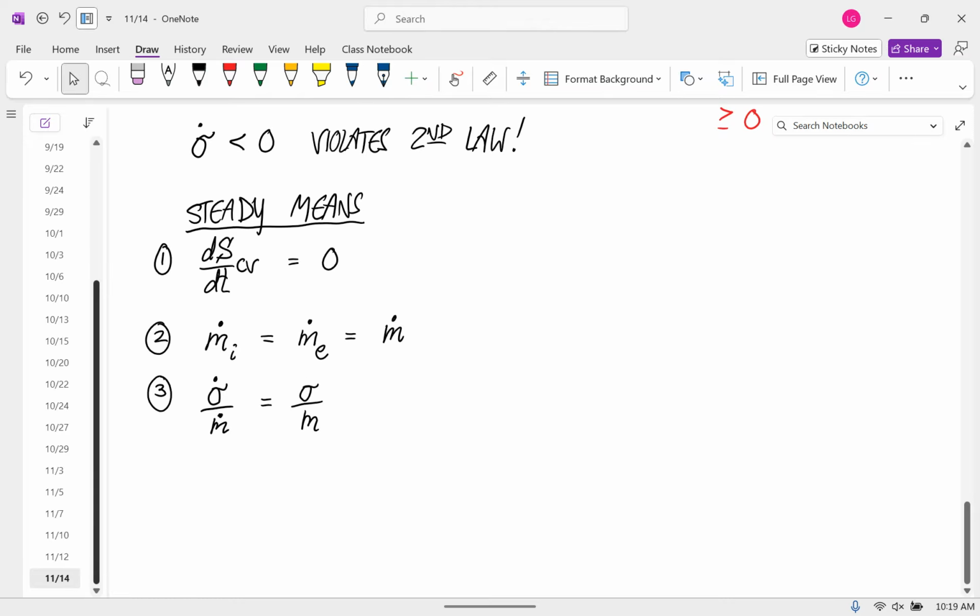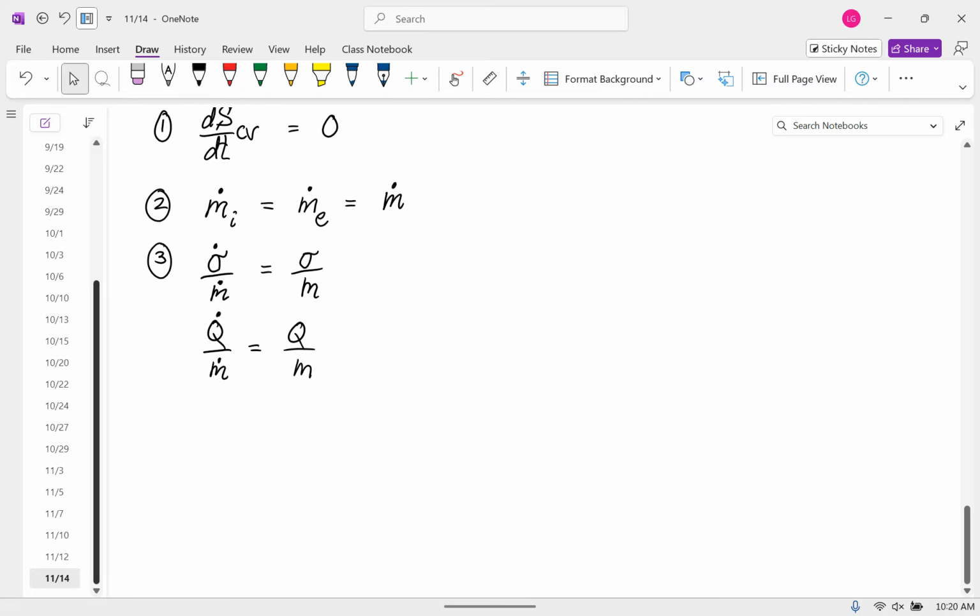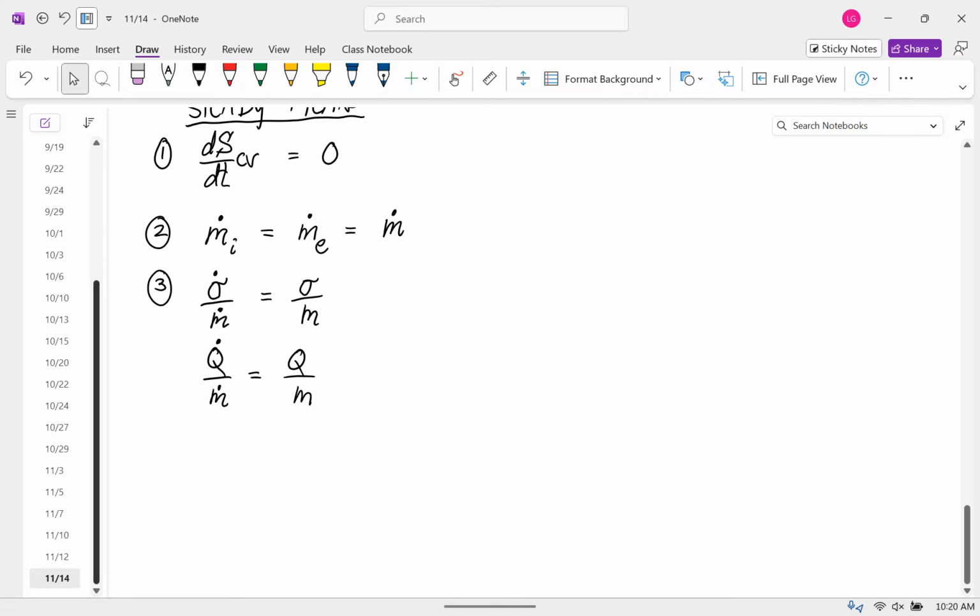And the same is true with q dot over m dot. Q dot over m dot is equal to q over m. So whichever form you're asked for, or whichever form is relevant in your problem, if it's easier to calculate the other one, you can do it, and those are exchangeable. Okay. So these are the three things. And let me just do an example or two.